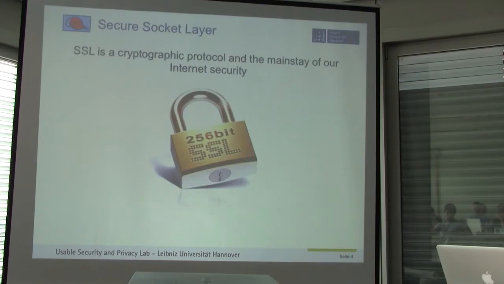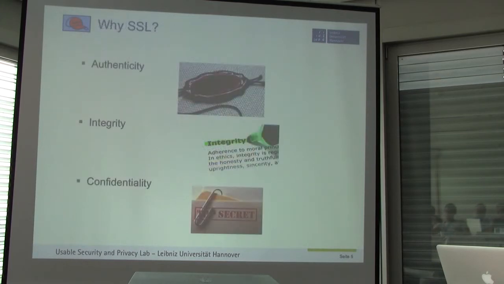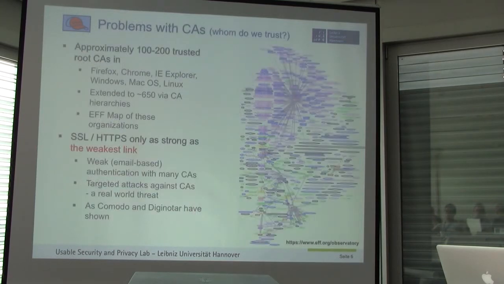As probably everybody in this room will know, SSL is a cryptographic protocol, and it is one of the mainstays of our internet security, and we use it for authenticity, integrity, and confidentiality, at least in theory. We've heard a number of problems already, and Henning mentioned this slide in his talk, so I'll just very briefly recap this.